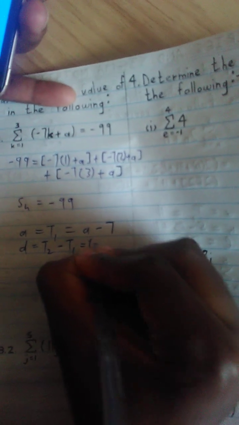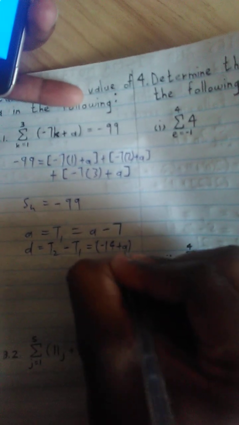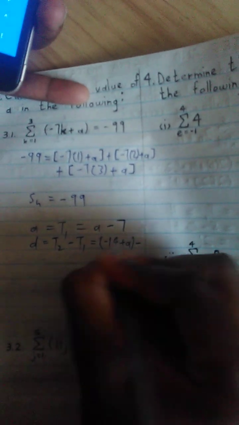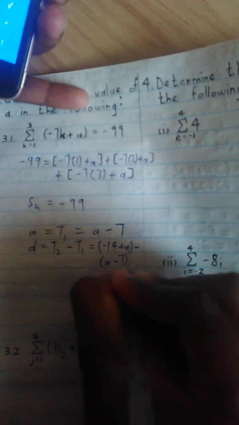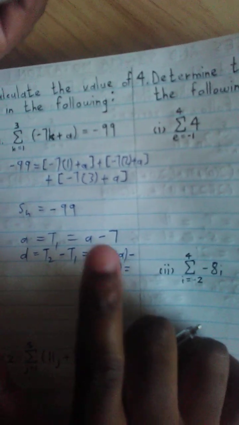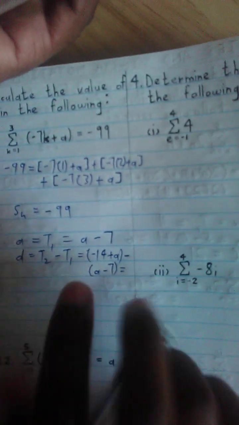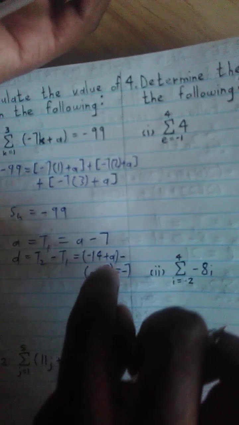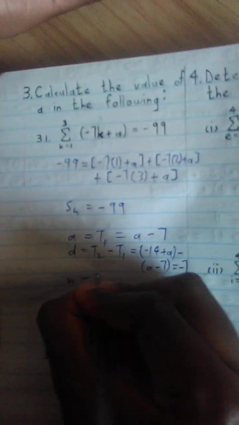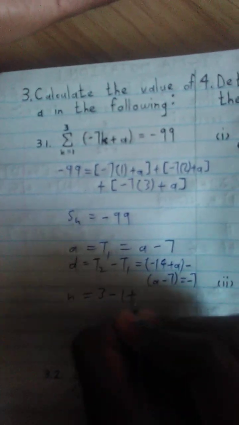Negative 14 plus a minus a minus 7. So d is going to be negative 14 plus 7, which is negative 7, and then a minus a, they cancel each other out. N is upper bar 3 minus lower bar 1 plus 1, so n is 3.